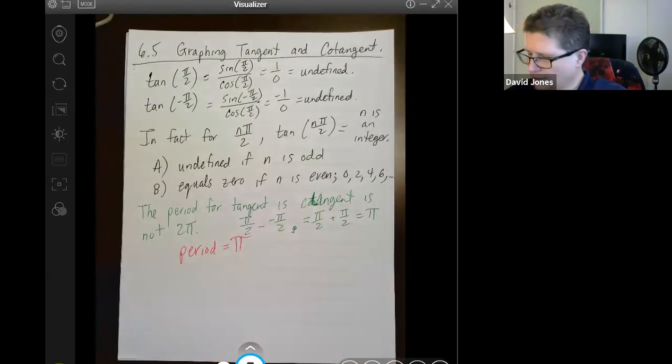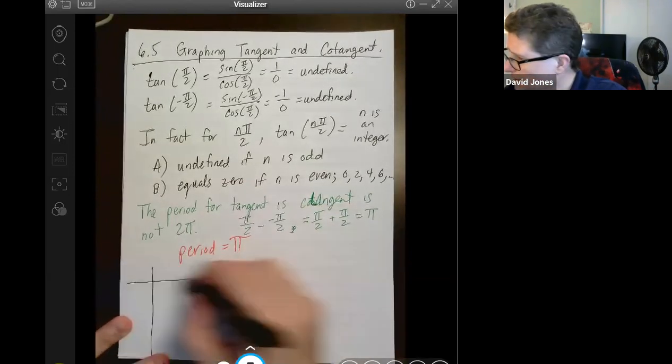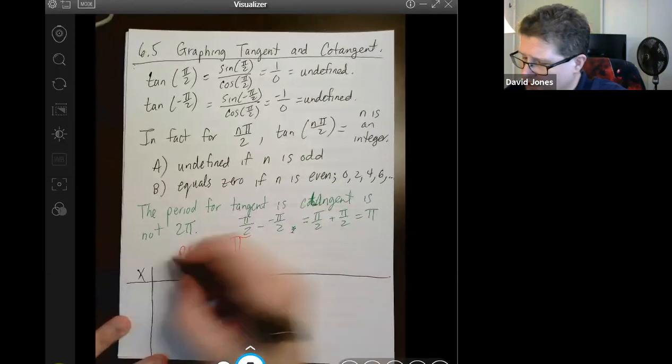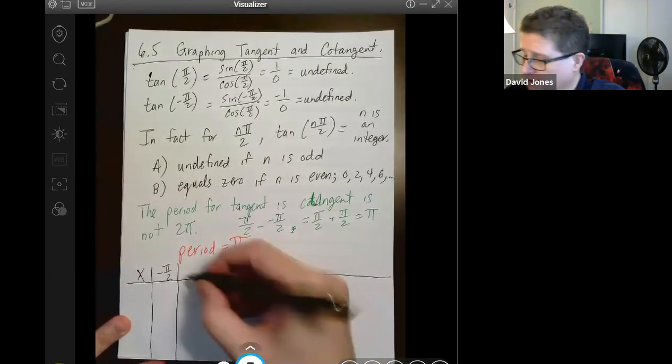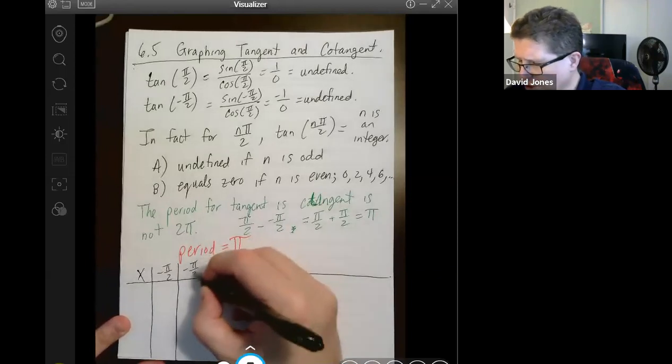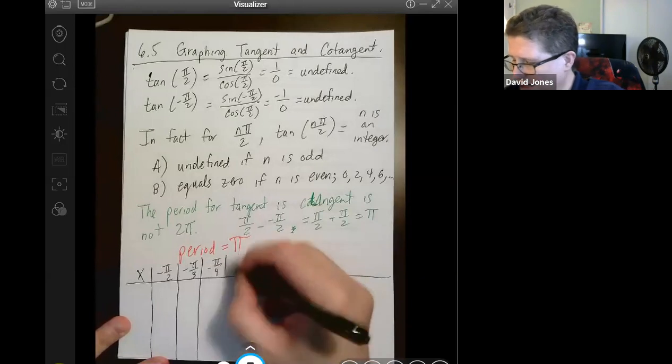And we can look at some, let's just make a quick chart of tangent and cotangent for some different values. Let's look at the values between negative pi over 2 and pi over 2. And let's look at the ones that are on the unit circle, the ones that we have memorized.